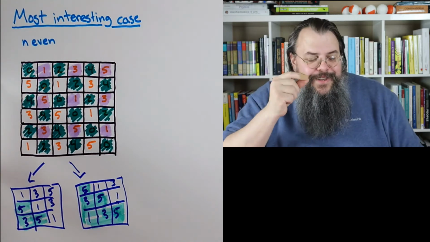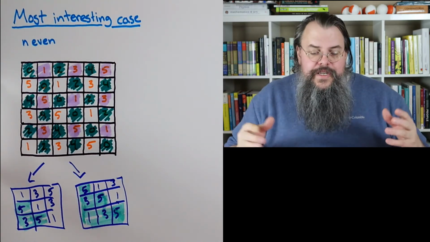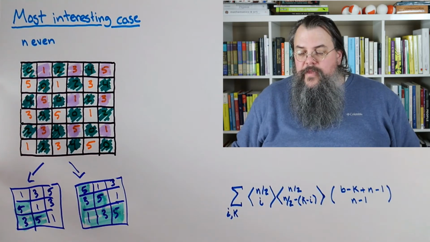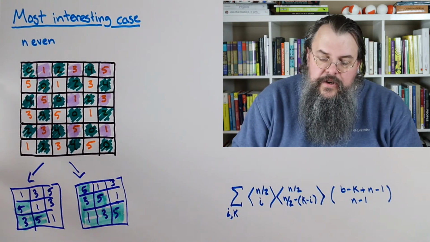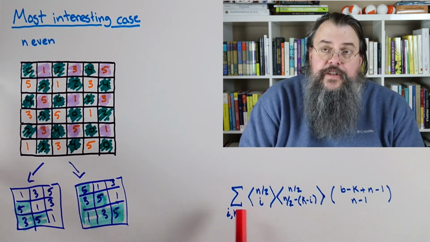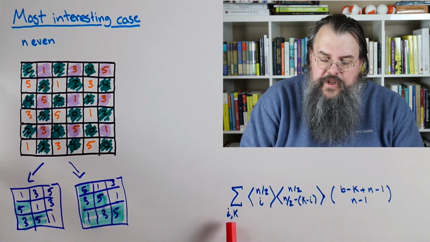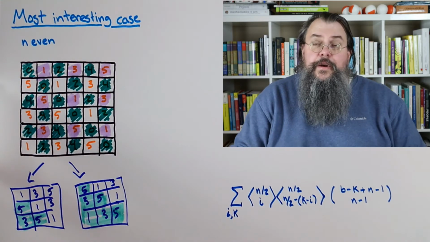That's why there's a little bit of a twist. But let's see what happens. Now, what we're going to do is add, so there's going to be a sum. This is actually a double sum, but to save notation, we put both indices underneath. So we're going to add up over all choices of i and k.